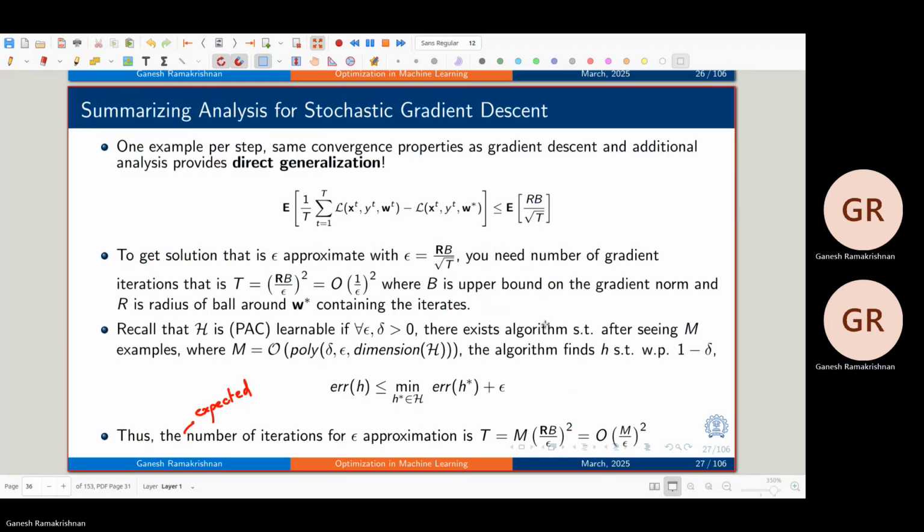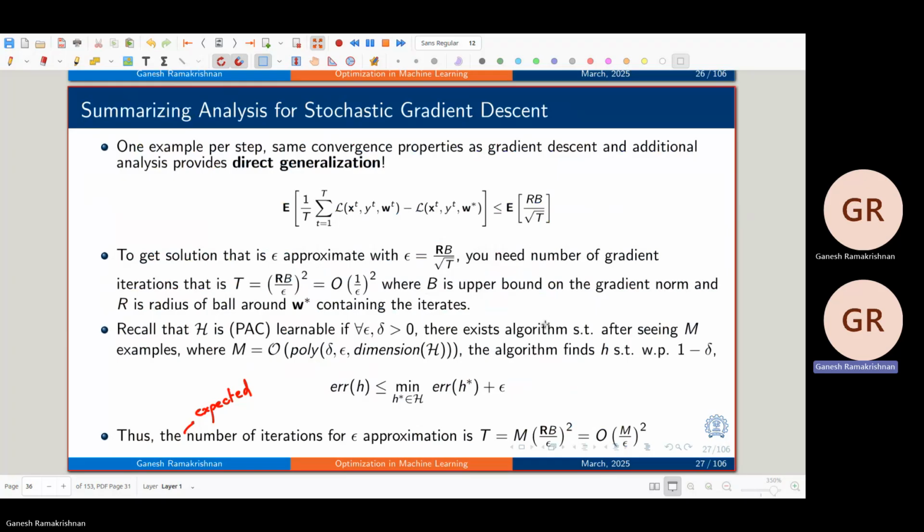Now, what I've done here is I've stitched everything back together with respect to the PAC framework, which I didn't spell out earlier. So I'll be able to learn an algorithm by seeing m, which is polynomial in my lack of confidence or probabilistic error, empirical error epsilon, and the dimension of H, with this upper bound on the error.